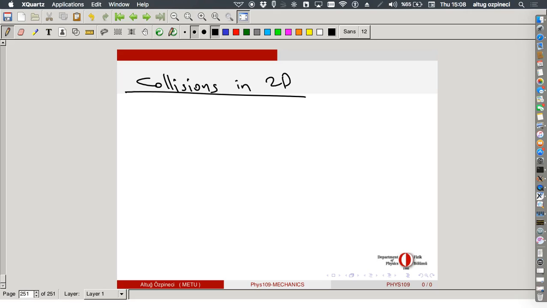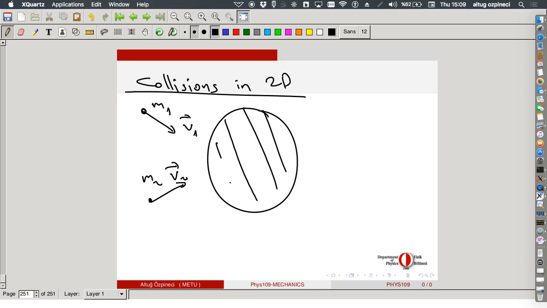What we mean by collisions in two dimensions is that you send one mass. Of course, this time the velocities will have a direction, so we have to use vector notation. And now you have another mass, with velocity V2. Initially, these are just their velocities at any point. And something happens over here. We don't need to know what happens over there.